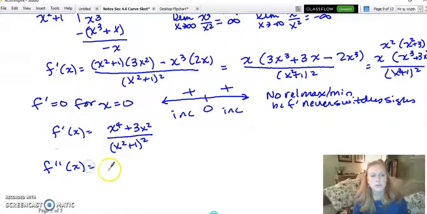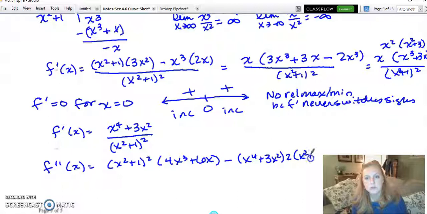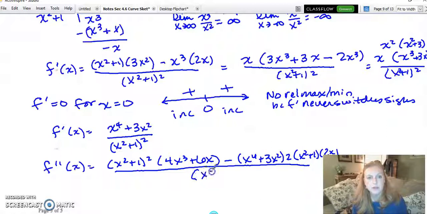It's all about making choices. So low d high, which would be 4x cubed plus 6x, minus high, x to the fourth plus 3x squared, d low, 2 times x squared plus 1 times 2x, all over the bottom squared, x squared plus 1 squared.